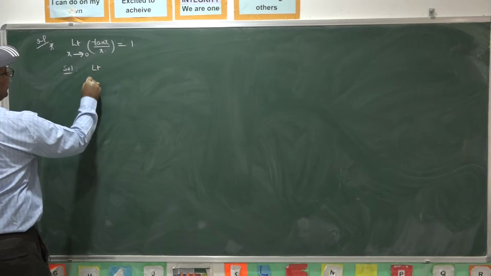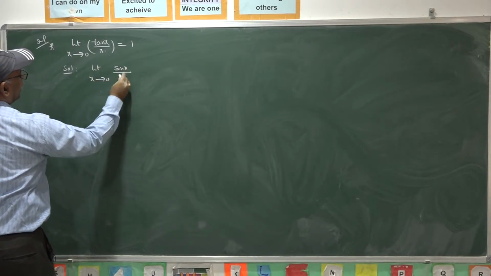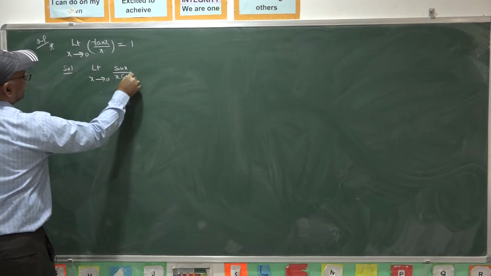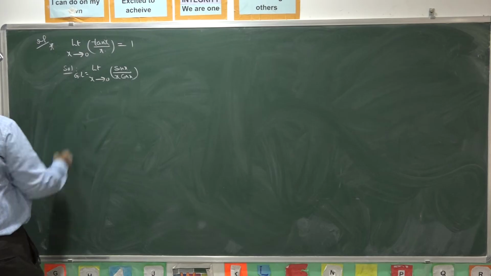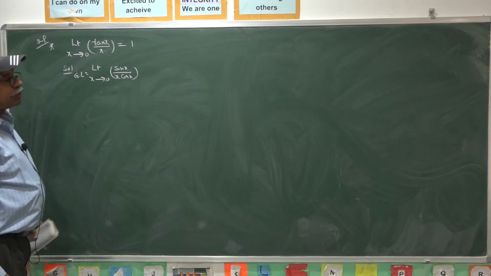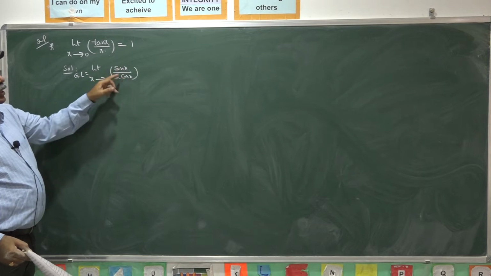You can write it as limit x goes to 0, sin x by x cos x, because tan x is sin x by cos x.